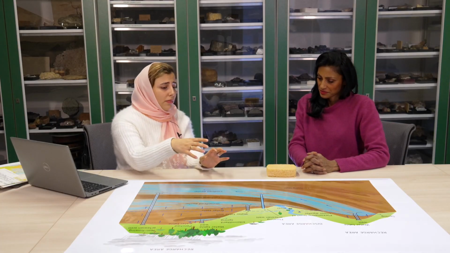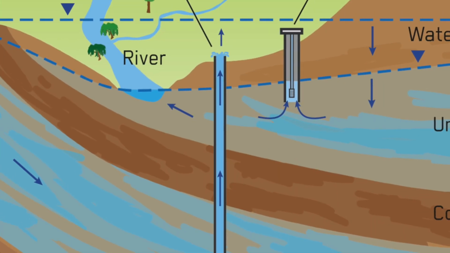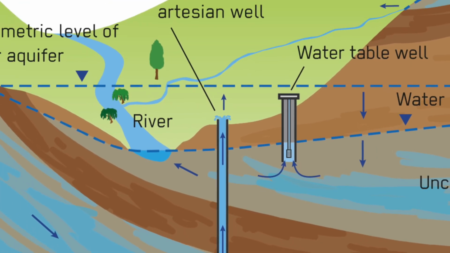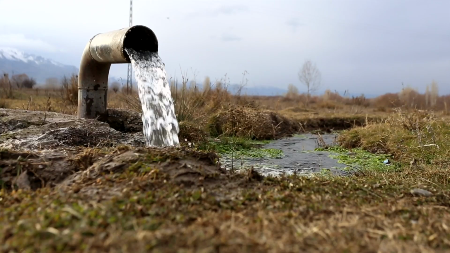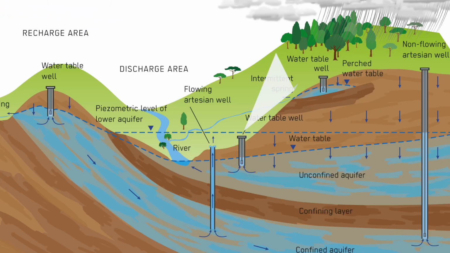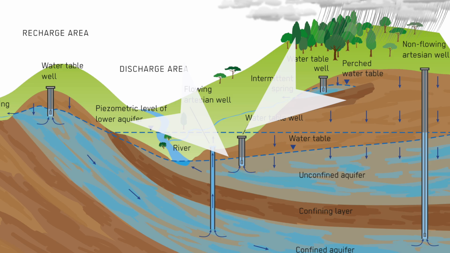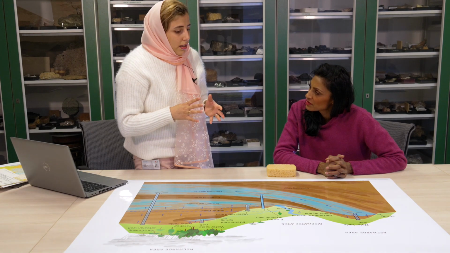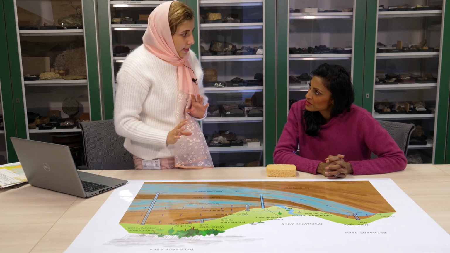And then we use an aquifer test to test our model. An aquifer test is where we have a pumping well like this, and then we pump water out of the ground, and then we have observation wells like this one, and see how the water level changes. And with this information, we can estimate aquifer properties.